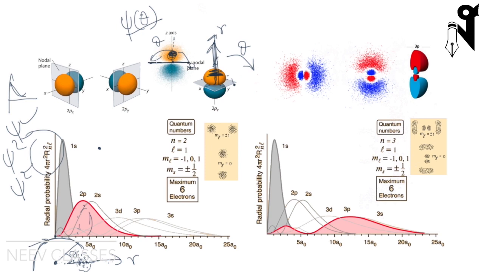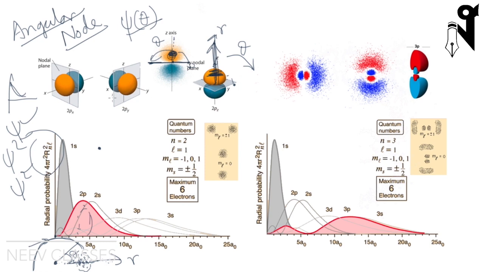So when you go along the angle and find a region of no probability, that is called an angular node, because you go along the angle and find a region of no probability. So you can very well see that it would be a plane.